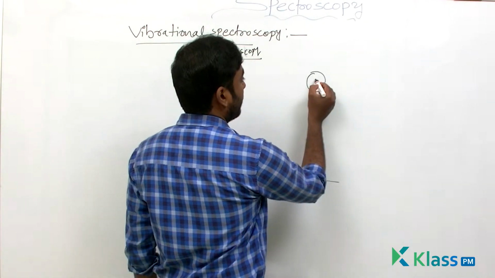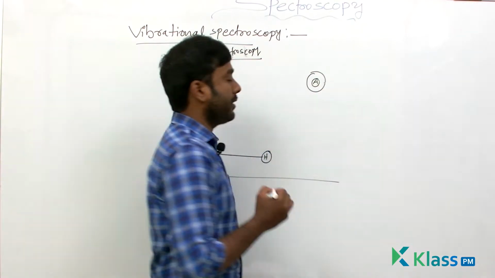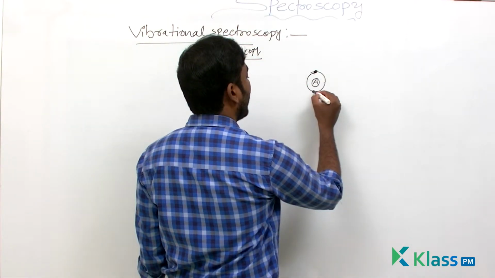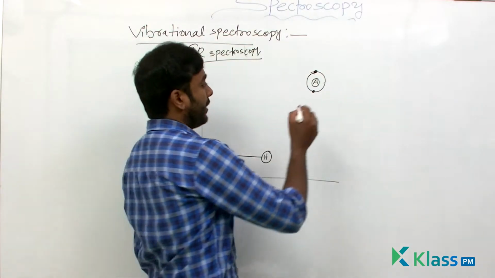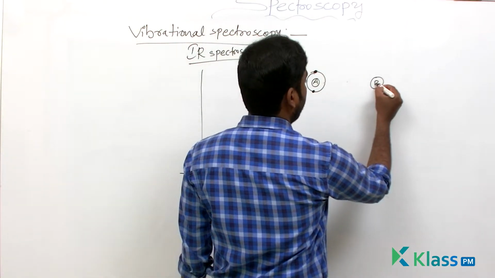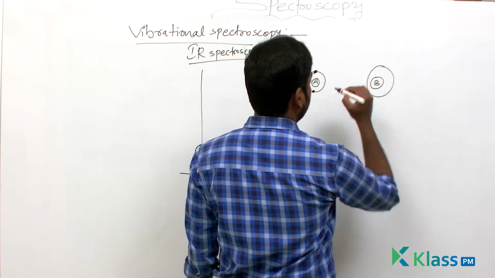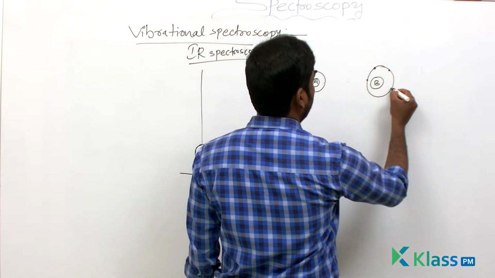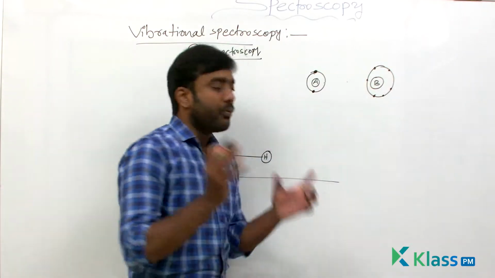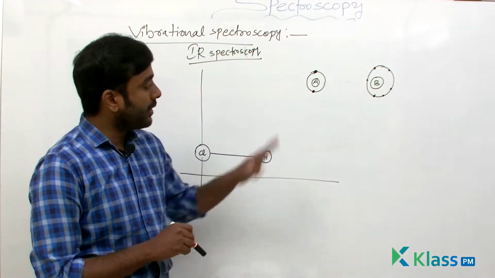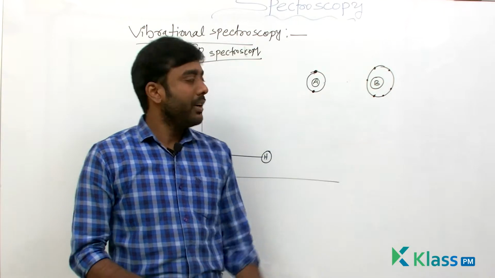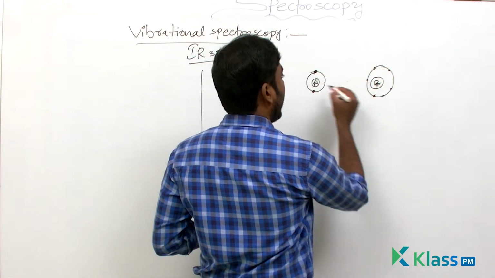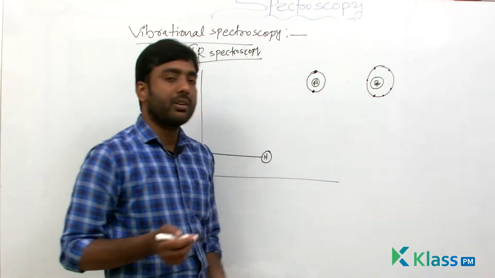This is the nucleus of atom A, and in atom A there are 2 electrons present. Next, another atom is there, B. It is the B atom nucleus, and it has some 6 electrons in its outermost shell. For example, we will take the 2 atoms, atom A and atom B. This is a positively charged nucleus, and those dots are the electrons.